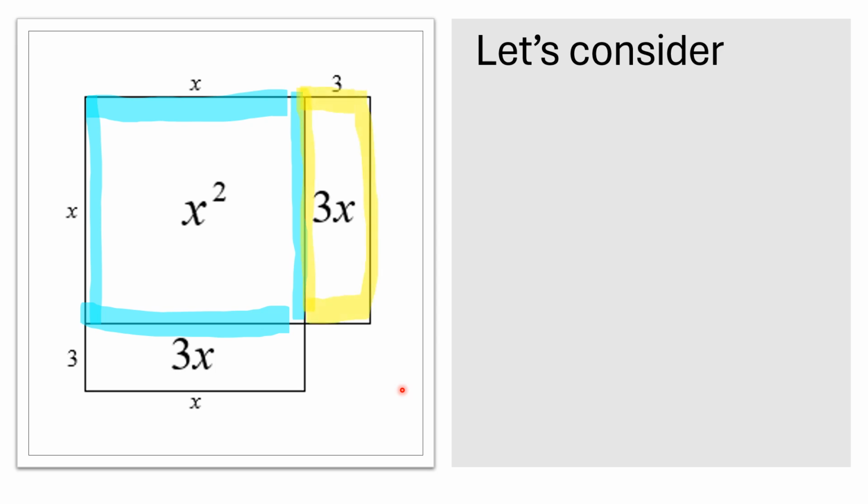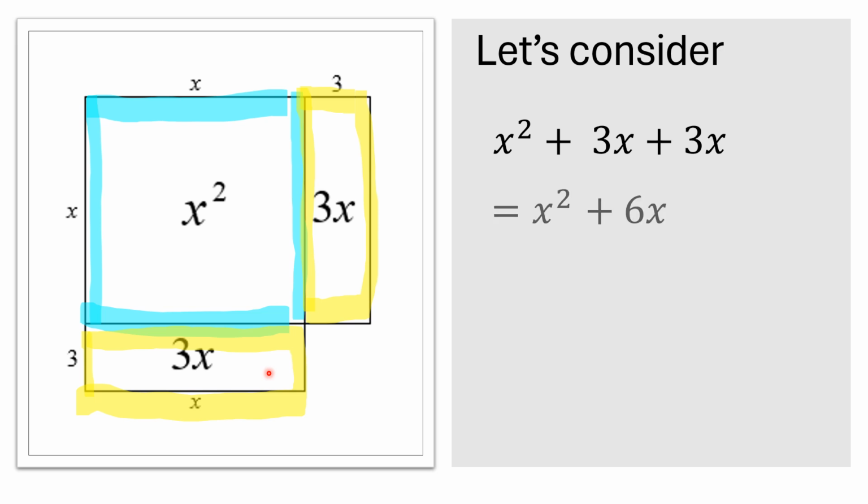Then we have the area of the rectangle, which is 3x, with length x multiplied by breadth 3. I have the area of the other rectangle, which is also 3x. This gives me x squared plus 3x plus 3x, which is x squared plus 6x.